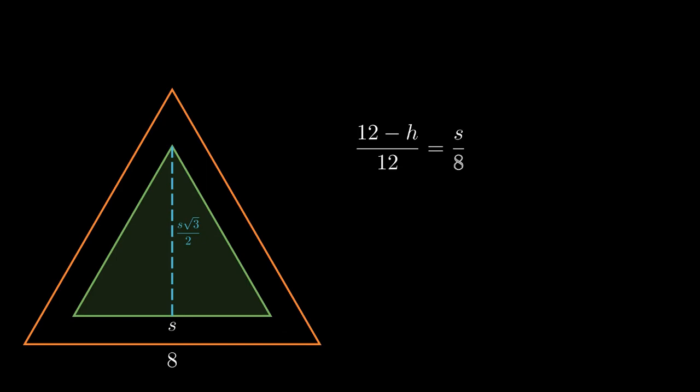Yeah, so that's similarity. All right, so there's the small pyramid height, big pyramid height, small pyramid side, big pyramid side. Okay, so now we can get S in terms of H because you don't want two unknowns.